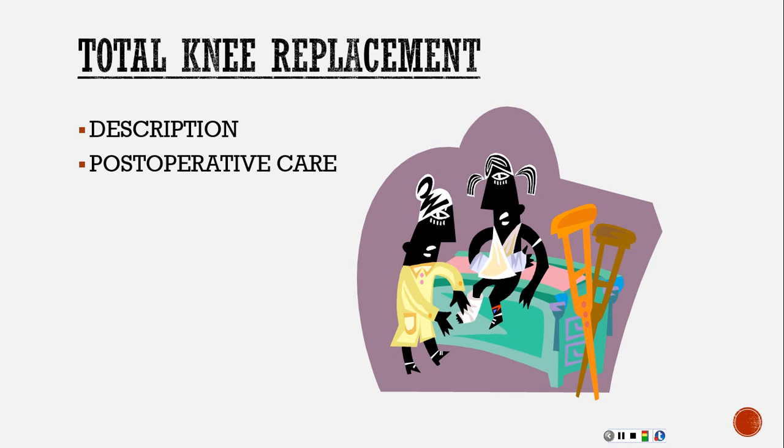A knee immobilizer is usually going to be used if they're ambulating, getting out of bed, that sort of thing, unless they're in that CPM machine, in most cases. All right. Any other questions? Okay.